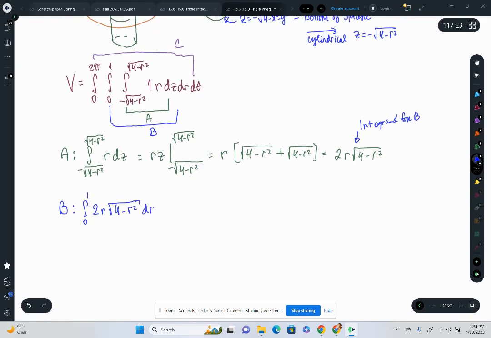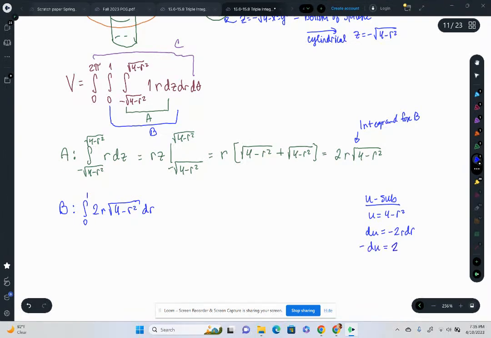Looks like we have a u sub going on here. So the u sub, we're going to let u equal 4 minus r squared. du is minus 2r dr. We don't have a minus, so I'll divide it over.